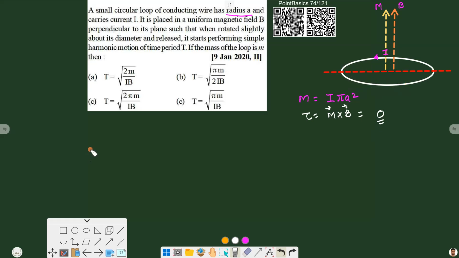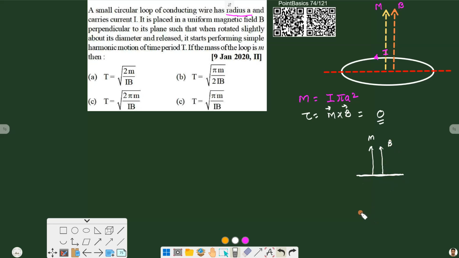So if we see its diagram from one of the sides, the diagram looks something like this. This is the plane of our coil, or our loop, and here we have its magnetic dipole moment perpendicular to it and the magnetic field perpendicular to it. Now we rotate it slightly.